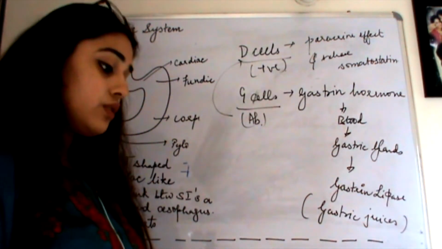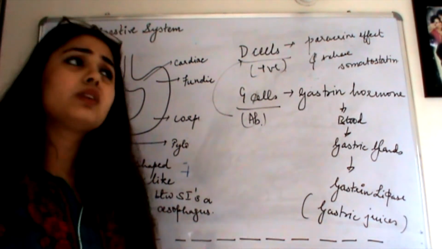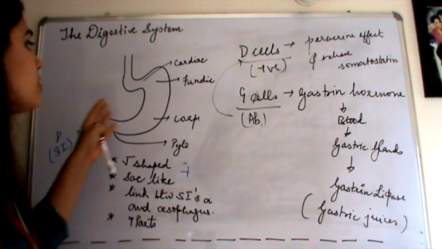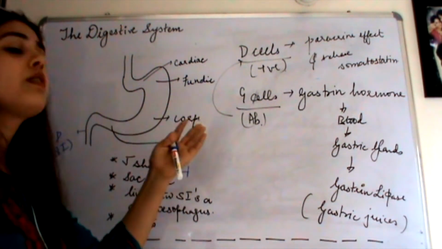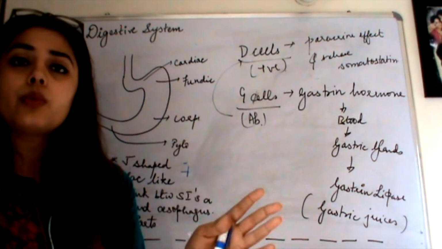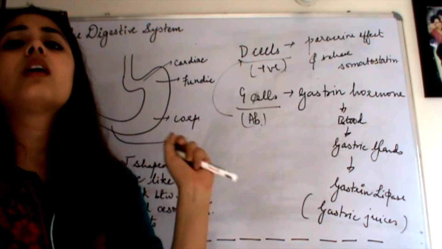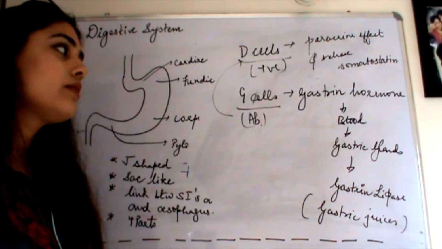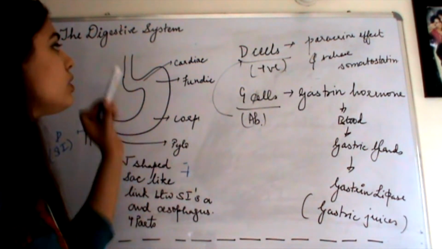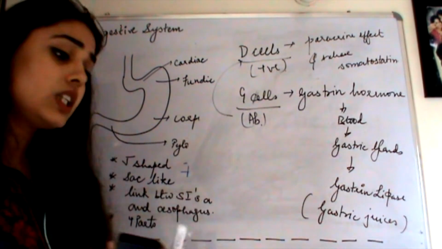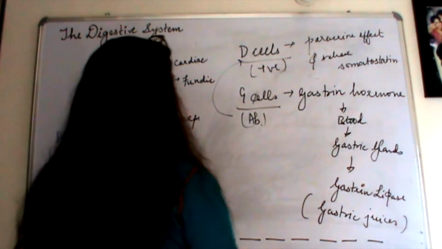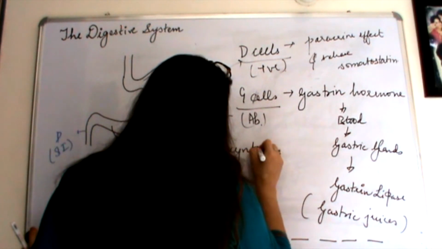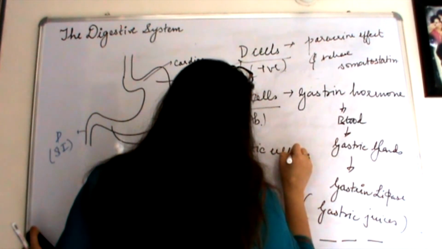I hope you guys have understood this video very carefully, because this is a very simple video regarding the digestive system. In this we have studied the parts of the stomach, what are present in the stomach, different types of cells, what are they doing, what are the D cells, G cells, mucous neck cells and parietal cells, right, peptic cells, and together they all are known as the oxyntic cells.